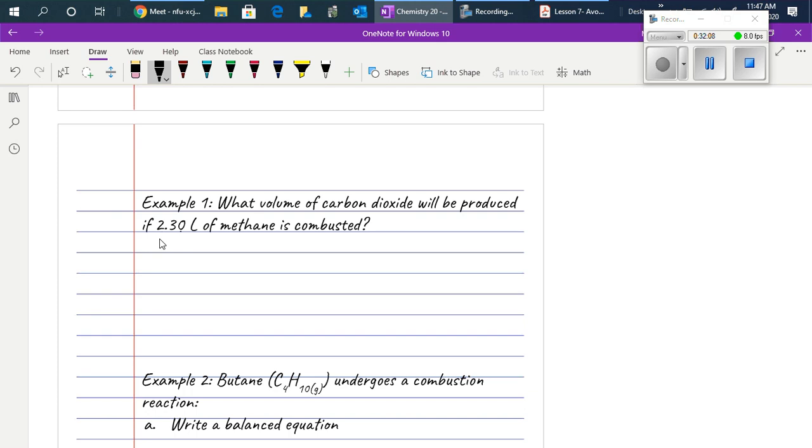So now, if we write the reaction, then we will have CH4 gas plus oxygen in combustion, plus O2 will give us carbon dioxide gas, and they are all gases, okay, plus water, H2O. Now, if we balance it, then we'll add a 2 here and a 2 here. You can stop and do the balancing and then check your work.